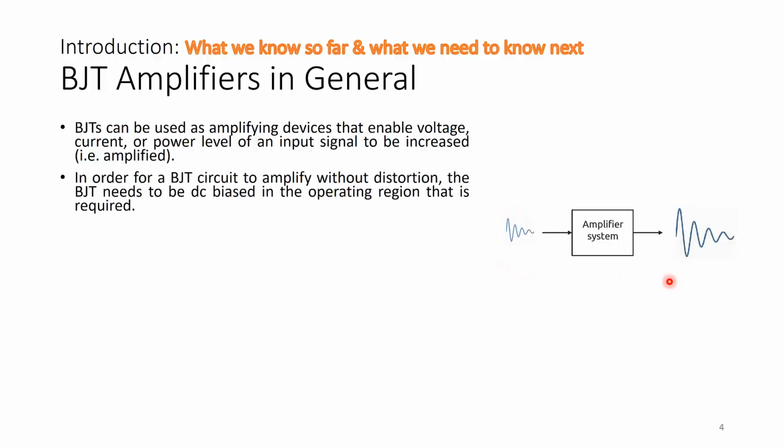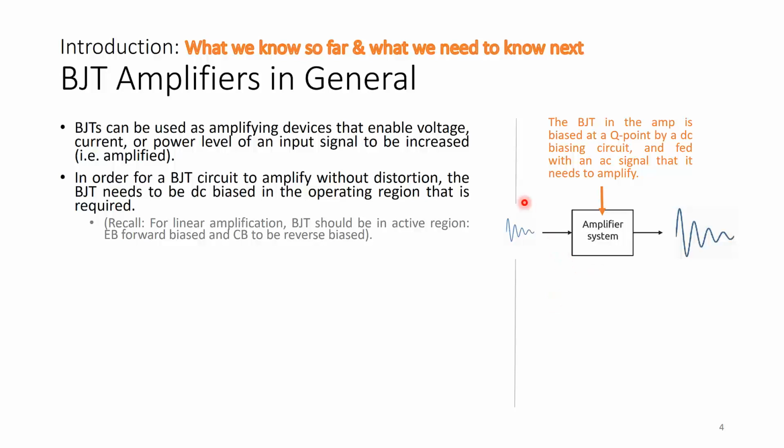In order for a BJT circuit to amplify without distortion, if we're talking about linear amplification, the BJT needs to be DC biased in the required operating region. As we have covered before, for linear amplification the BJT should be in the active region, with the emitter-base forward biased and the collector-base reverse biased.